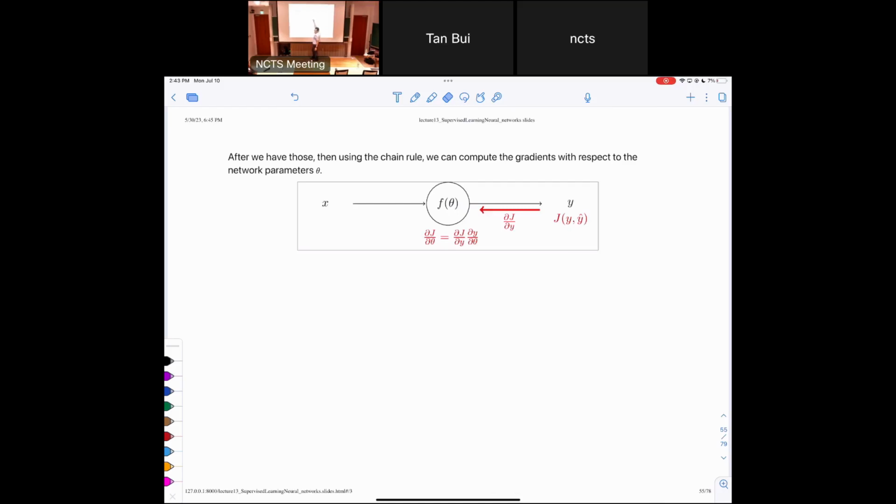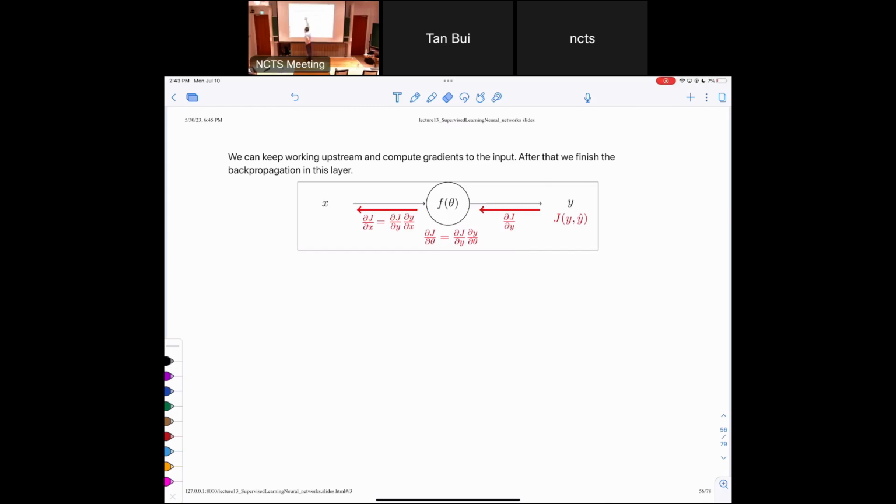So you need to pass that information. Remember, this is not only needed for computing the gradient with respect to the weights and biases at the current layer, but we also need it for the previous layer as well. In this case, the previous layer is the input layer.